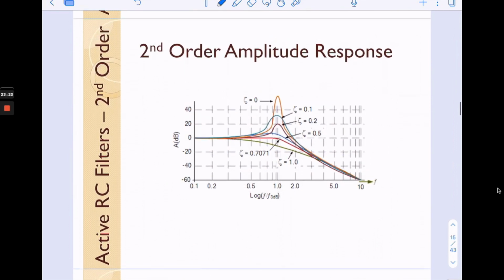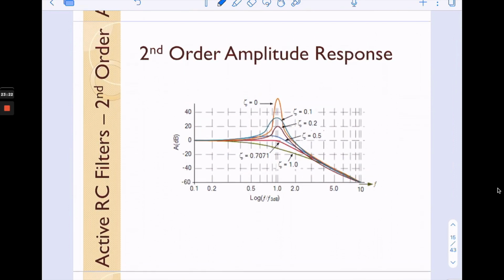And you also remember that we mentioned earlier, when we talked about second order systems, it will also have the components of damping factor as well as quality factor. Zeta is the damping factor, Q is the quality factor. So both will affect the response of this filter.